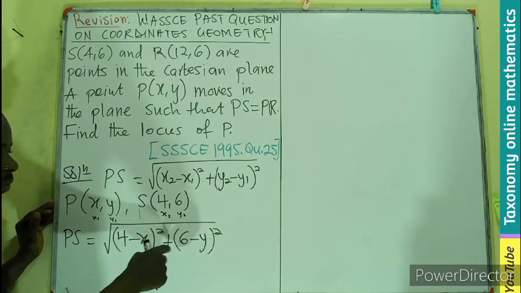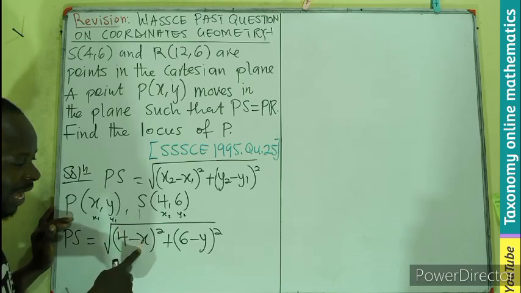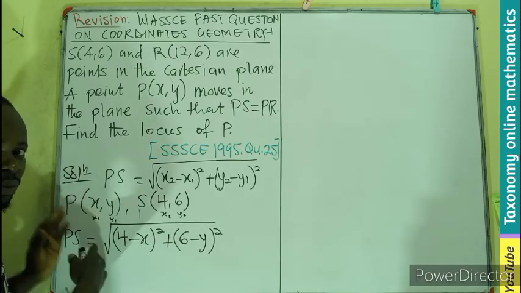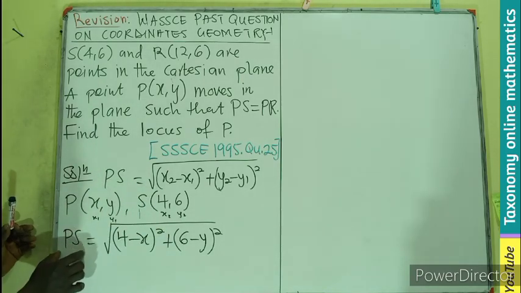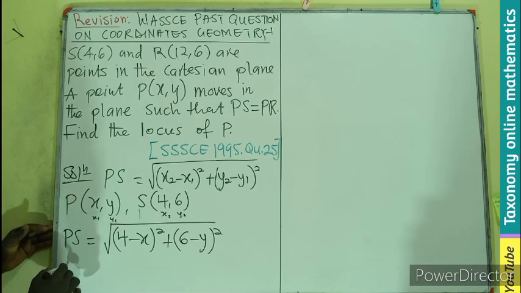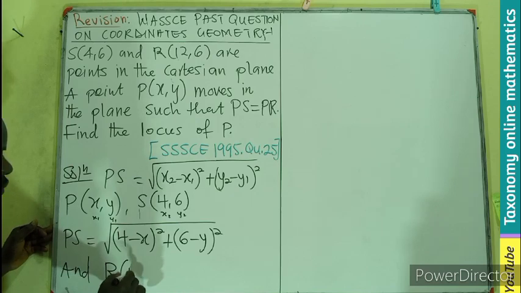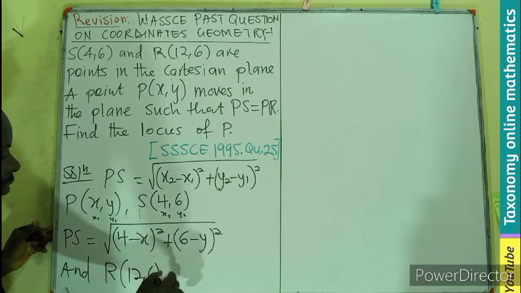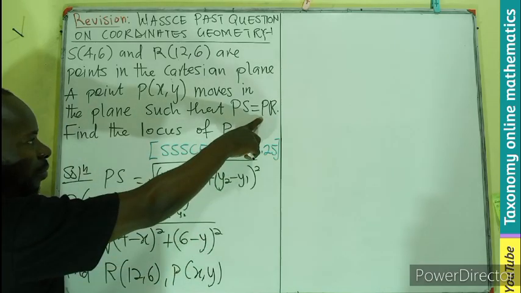Now, we can see we are not having the values of x and y, so even if we expand, we are going to have a very long expression. So let's leave this as PS, then focus on PR. We have R as (12, 6), and P still remains (x, y). But don't forget, we are having P first.